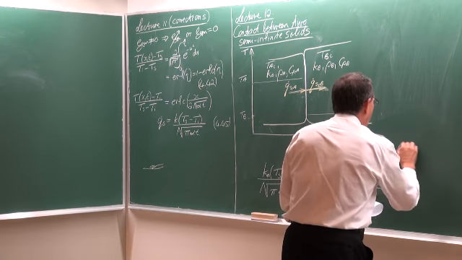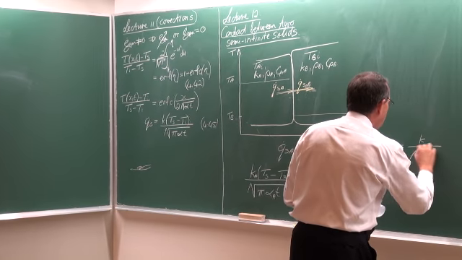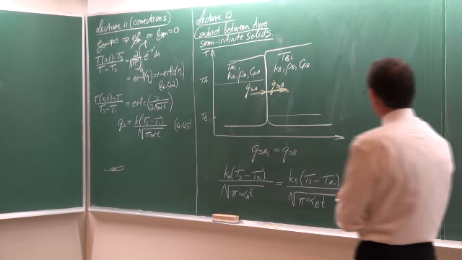And we know that alpha is the thermal diffusivity, and that is equal to K divided by rho C.